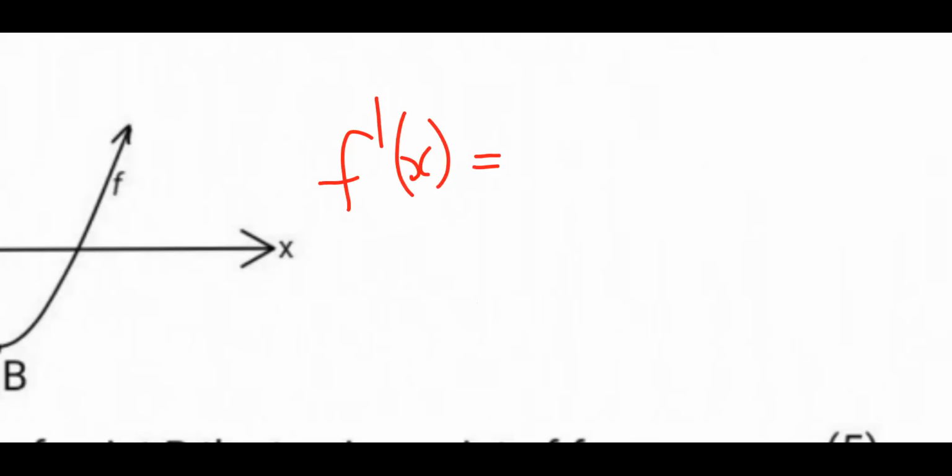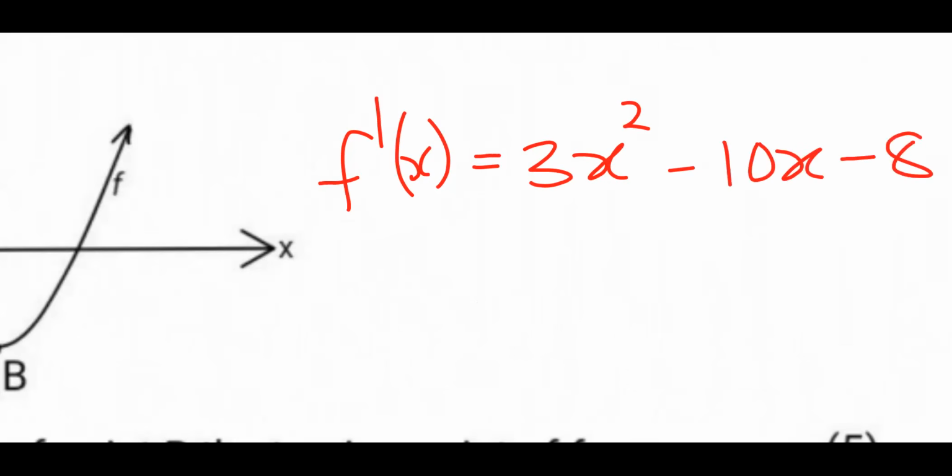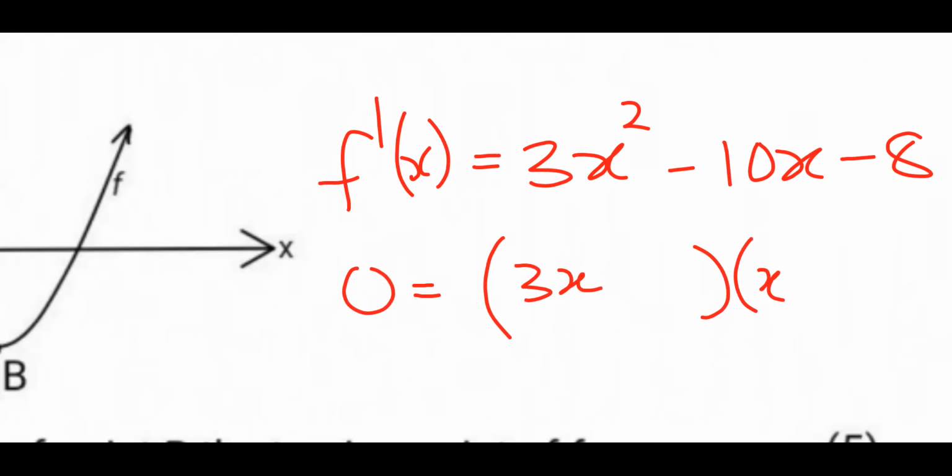The derivative of that function was 3x squared minus 10x minus 8. And so we factorize this. It's 3x and x. And then the factors of 8 will be 4 and 2. The 4 should get a negative and the 2 should get a positive.